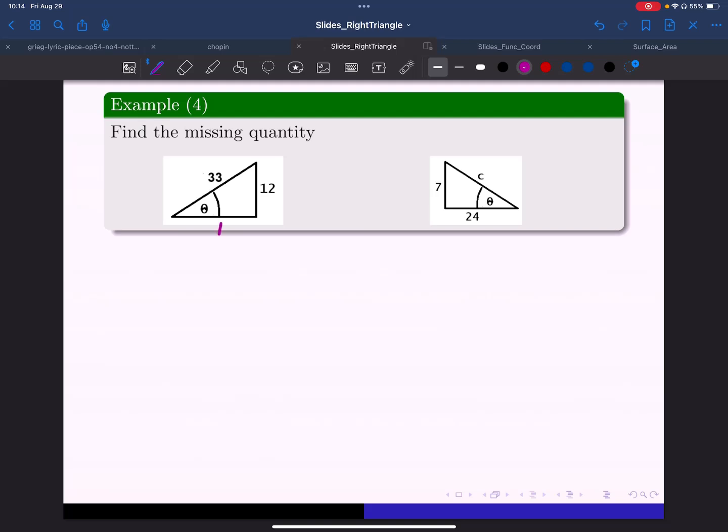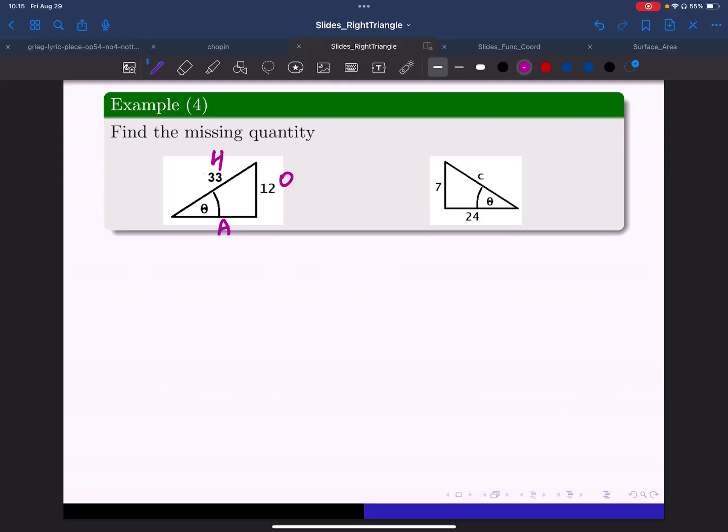So we have adjacent, opposite, and hypotenuse. Now we're looking for the trigonometric ratio that associates my given sides, so this side and this side. So I'm looking for a trigonometric ratio that has opposite over hypotenuse.